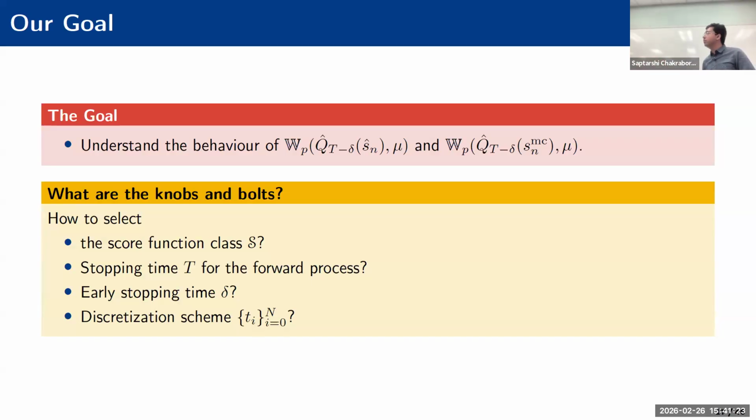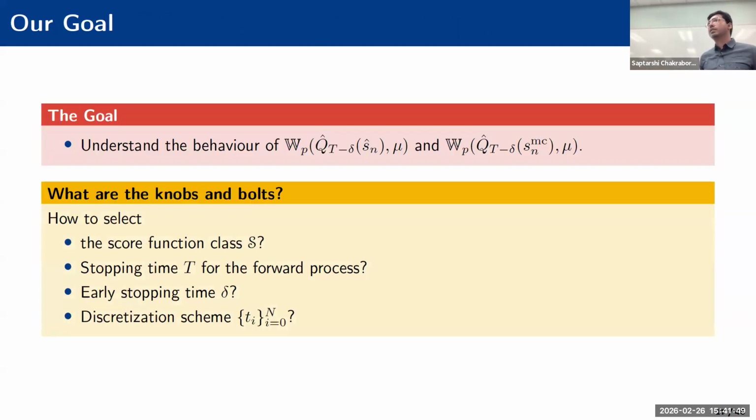At the same time, we want to understand how to select the score function class, how to get an optimal value of capital T for this forward process, the early stopping time for the reverse process, and the discretization scheme, as well as the number of Monte Carlo samples you need to generate at every step.